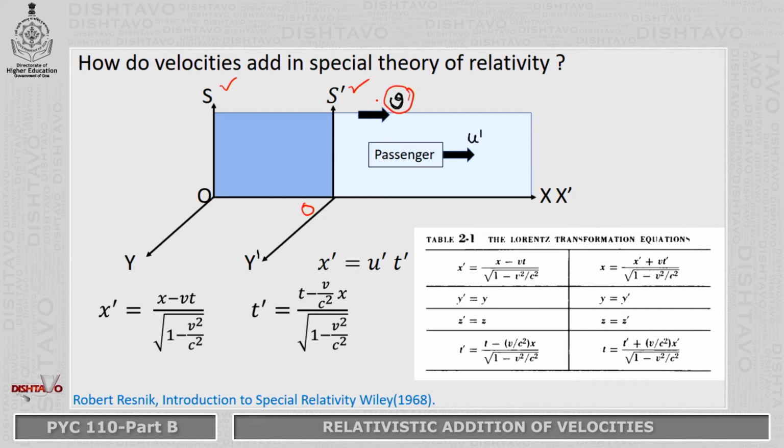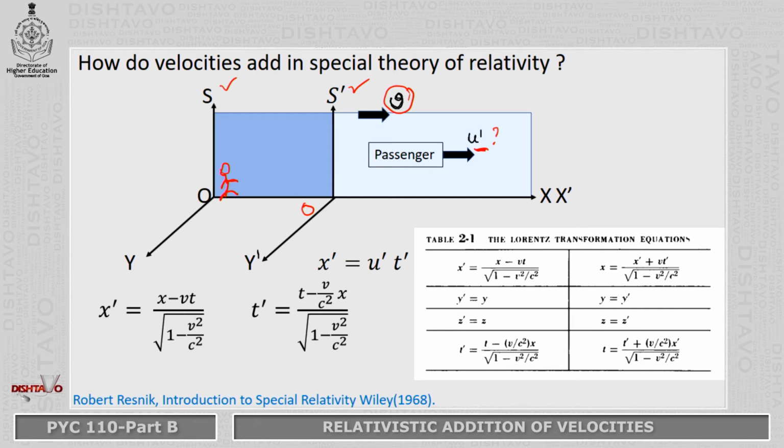This S prime frame of reference is moving with velocity v, and in this frame we consider a passenger who is moving with velocity u prime. We have to find out how much velocity an observer in the stationary frame attached to S is going to measure.